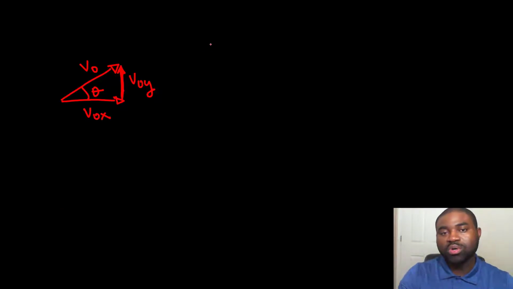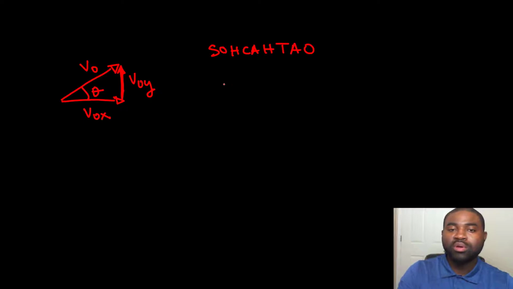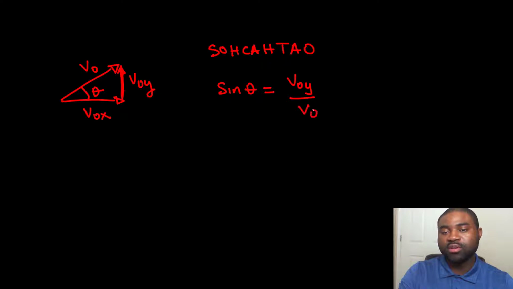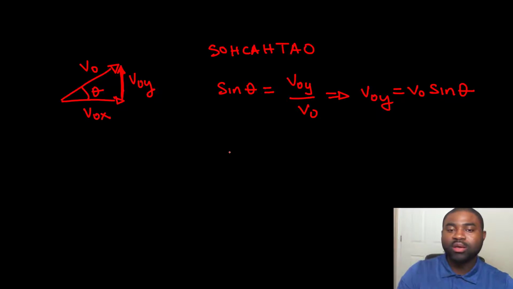So if we use SOH CAH TOA, the sine of theta is equal to opposite, which is v0y divided by v0, which implies that v0y is equal to v0 sine theta.